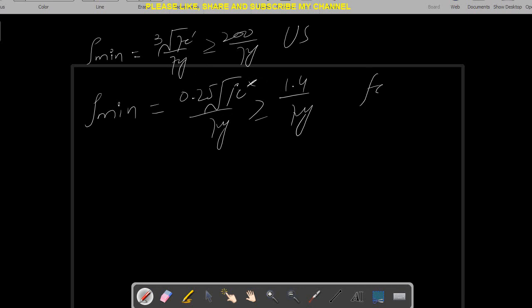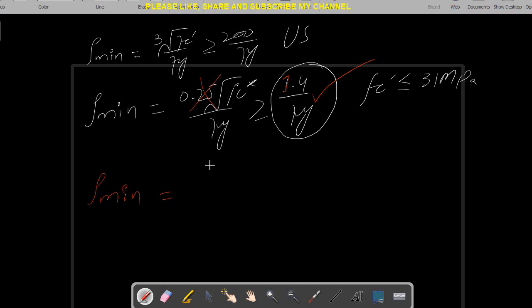Remember, when the FC prime is less than or equal to 31 MPa, this is the governing part. We will ignore this one and consider this part, because always this part gives me the greater value as compared to this one. So row minimum equals 1.4 divided by Fy, that is 300 MPa.